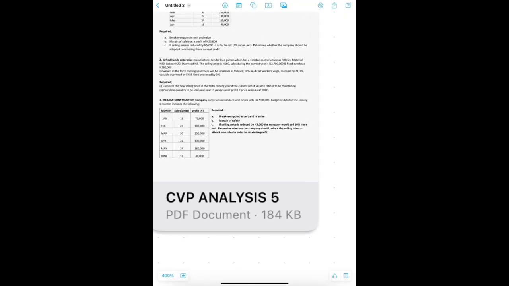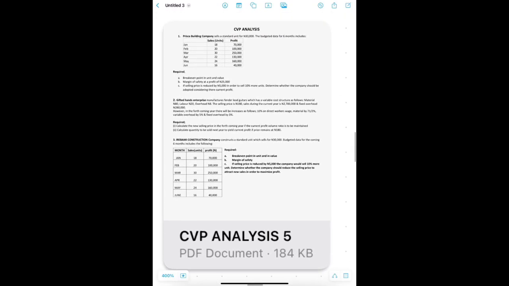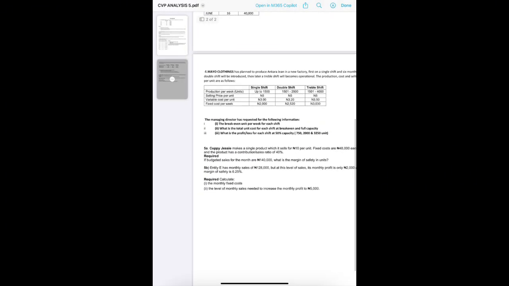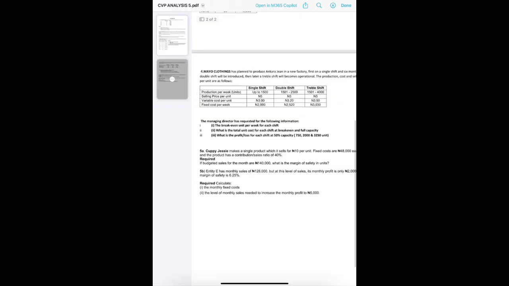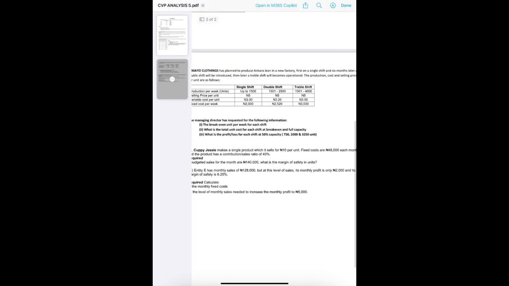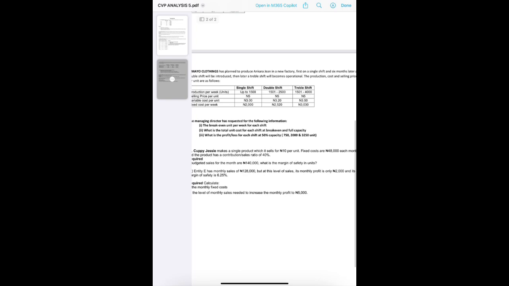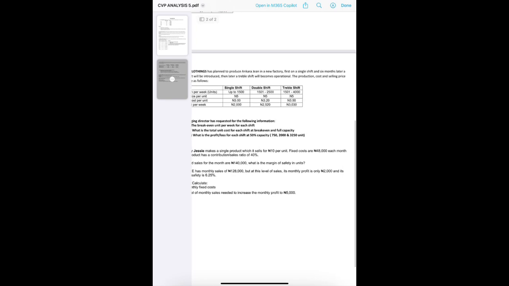So let's look at the question on CVP analysis. I'll read the question, question number 4. Mayo Clothings has planned to produce Ankara jean in a new factory, first on a single shift.